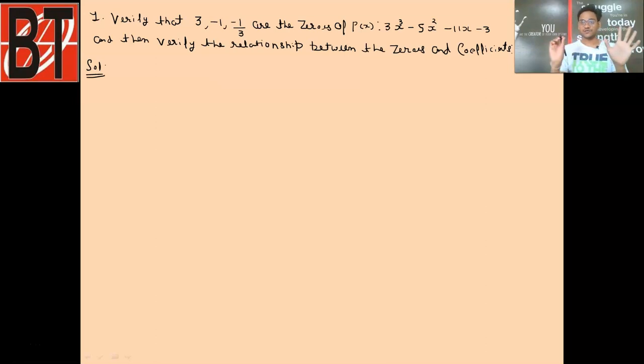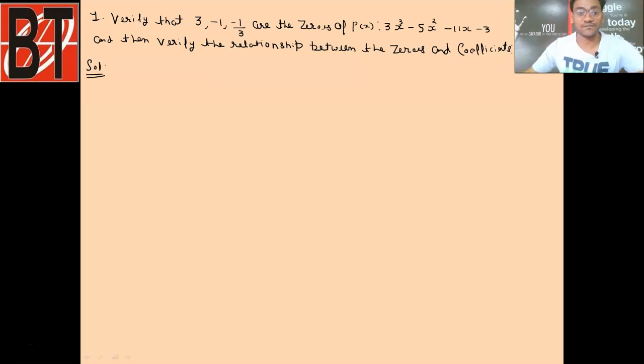You remember the definition of a zero of a polynomial? If x is equal to a is a zero of a polynomial, that means by substituting a in place of x, we will have the complete expression as 0.